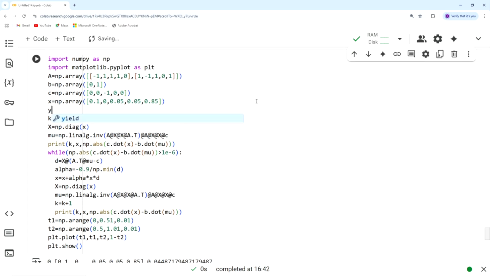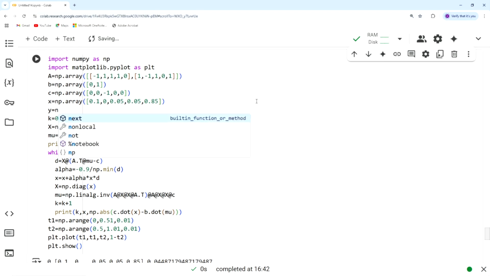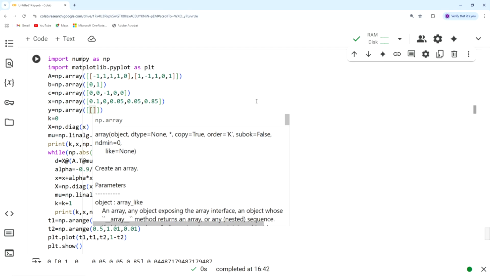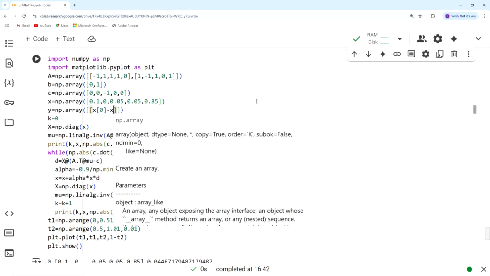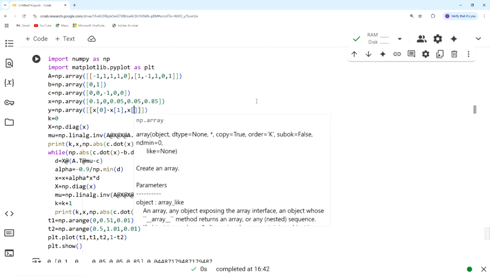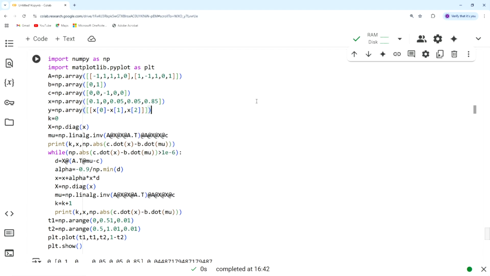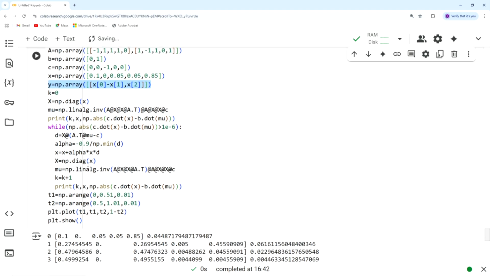The vector that we need is x of 0 minus x of 1, that is the first point, and x of 2 is the next point. x of 0 is x1 plus and x of 1 is x1 minus, so x1 is actually x1 plus minus x1 minus. That is the reason I have written it like this, and x2 is x of 2. So that is the first point.